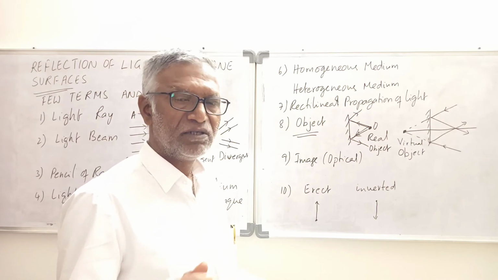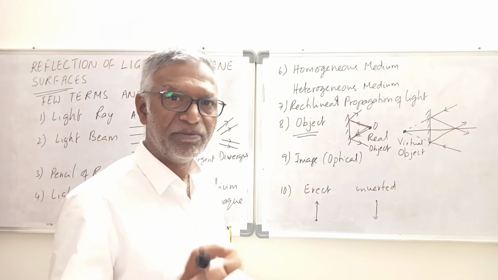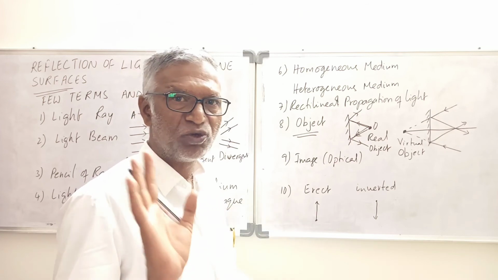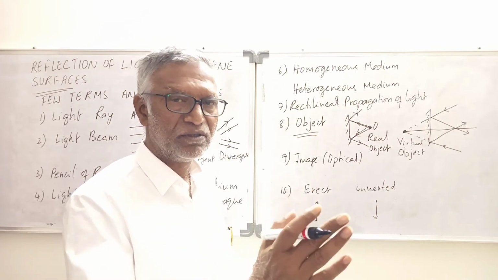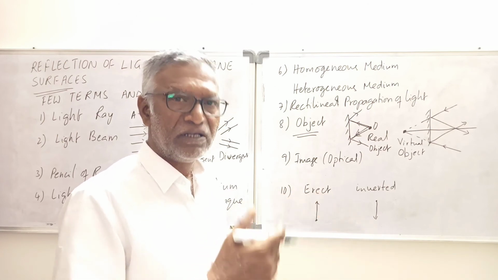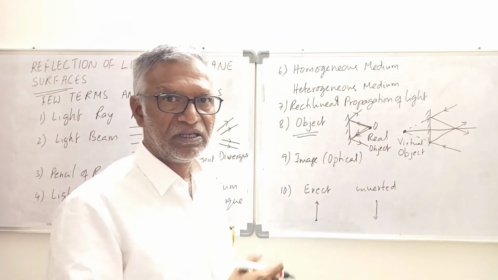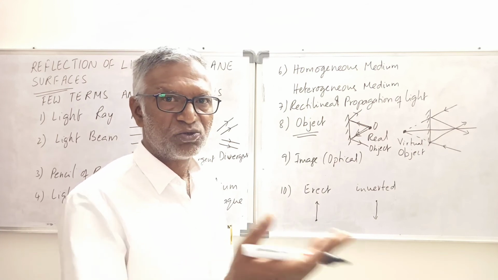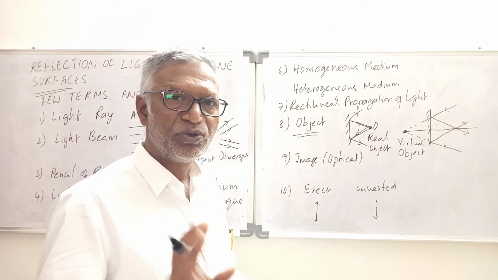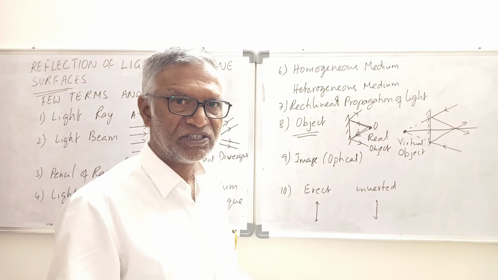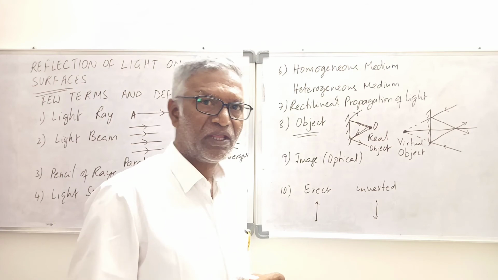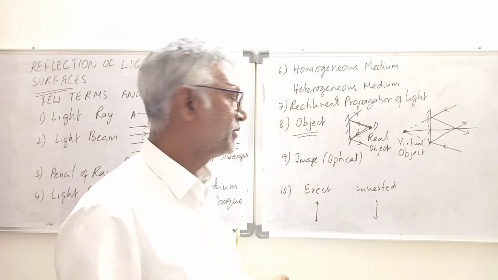In a plain mirror you will be seeing virtual image only. When you are standing in front of the mirror you can see your image, but you cannot catch it on the screen. That's why that image is known as virtual image. In other examples you can see a real image which you can catch. That we will discuss in refraction at curved surfaces.